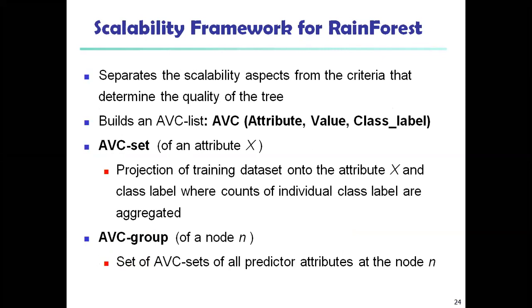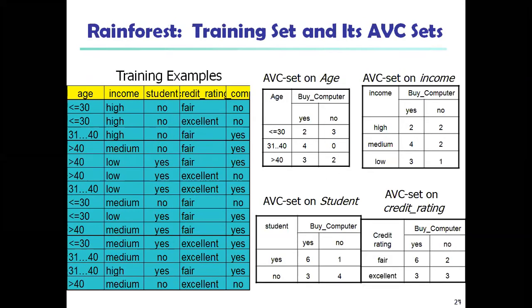It builds an AVC list, that is the attribute, value, class label, with the attribute X. Here we have to project the training data set on the attribute X and the class label, where counts of individual class labels are aggregated. And the AVC group of node N is the set of AVC lists of all predicted attributes at the node N.